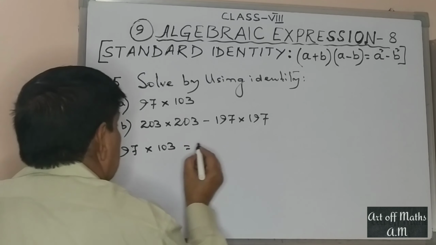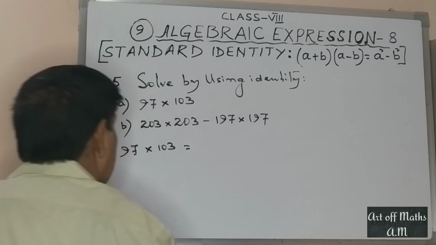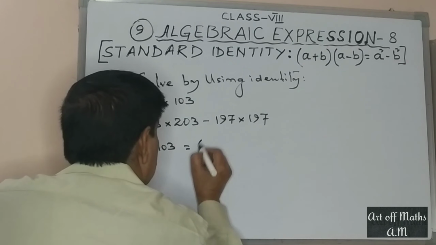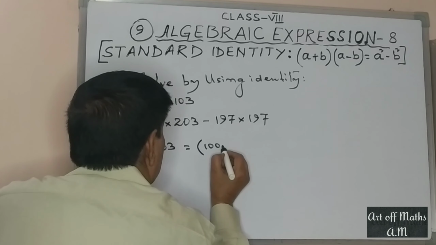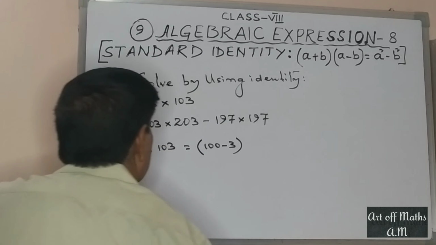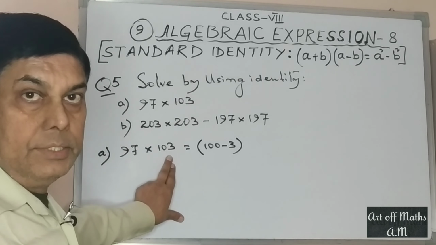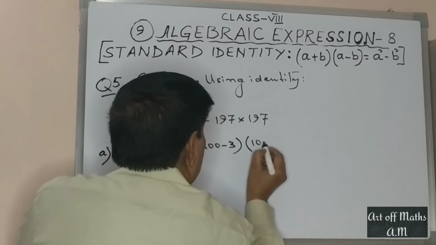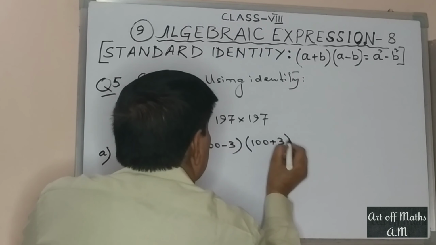Now we can write in this fashion. 97, it is 3 less than 100, so we can write 100 minus 3. And 103, it is 3 more than 100, we can write 100 plus 3.